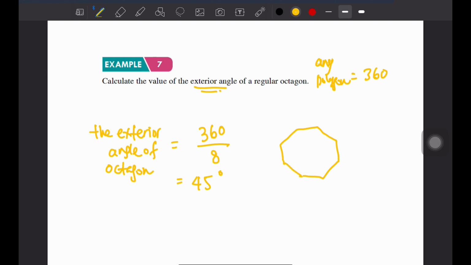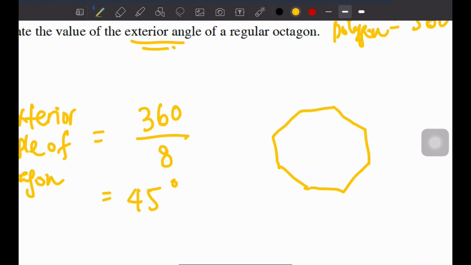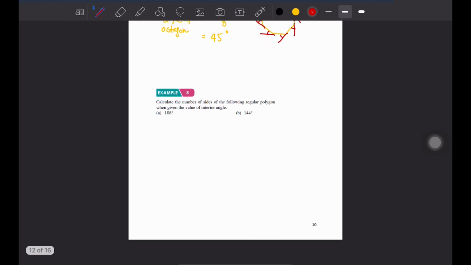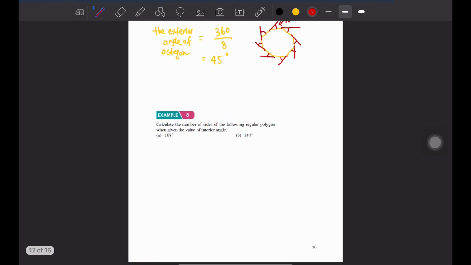For example, I extend this side over here, so this is 45. If you total everything over here, you will get 360. Okay, next.